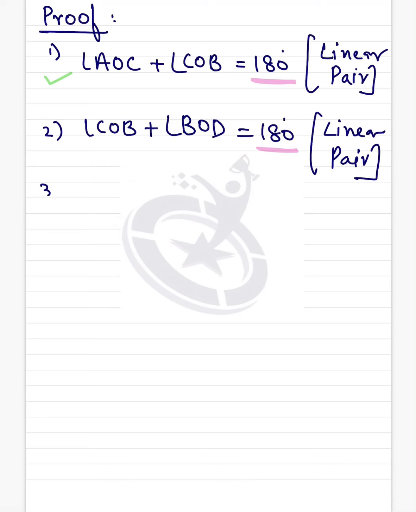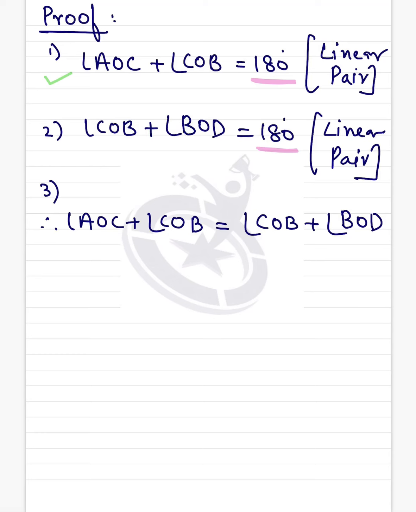So we will get, therefore, angle AOC plus angle COB is equal to angle COB plus angle BOD. And here I'll write the reason: from 1 and 2. Because in 1 and 2 the right hand sides are equal, the left hand sides are also equal. Now here you can see that on both sides the COB value is the same.